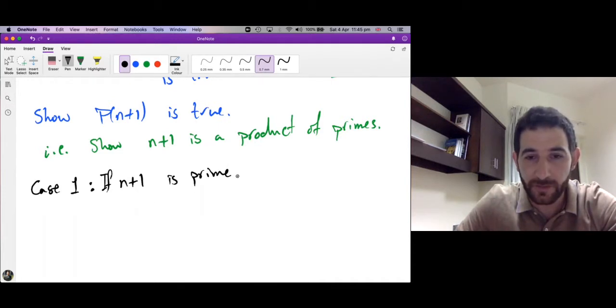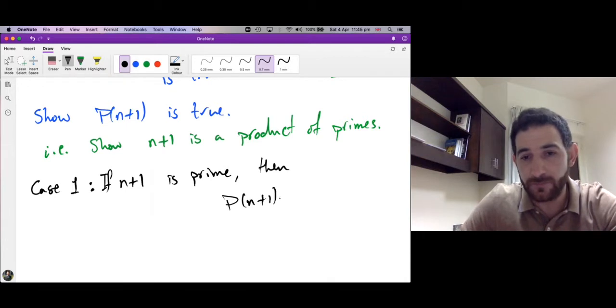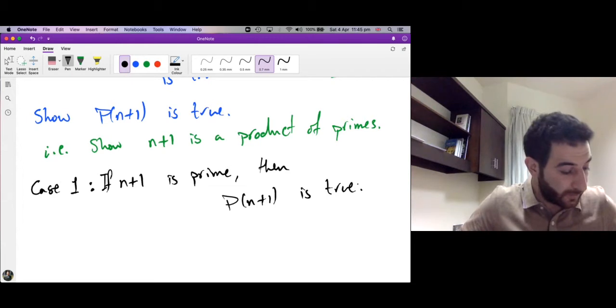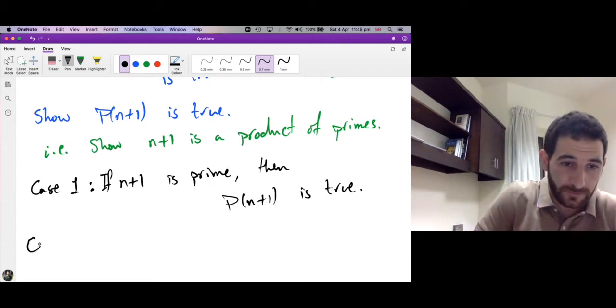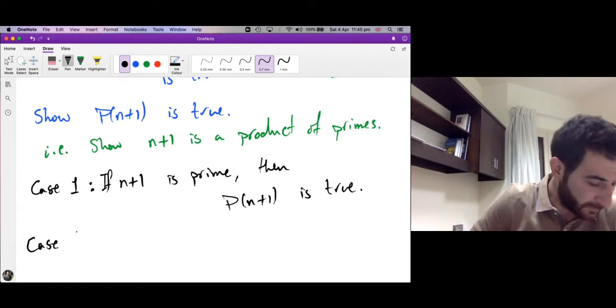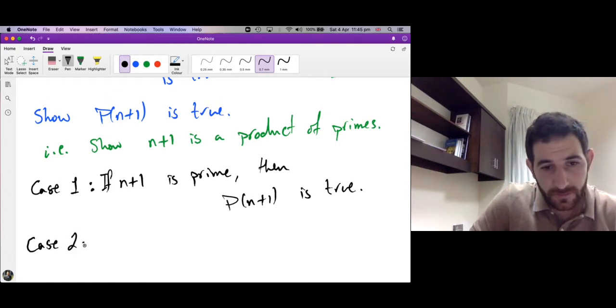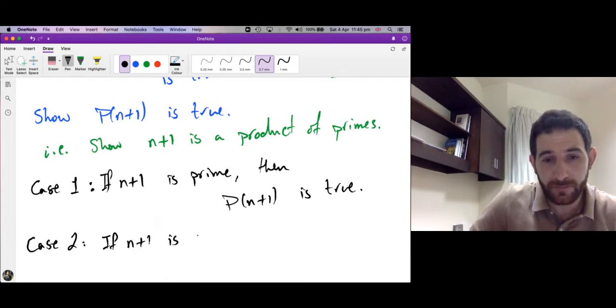If n plus 1 is a prime, then there's nothing to show. Then P of n plus 1 is true. Now case 2. If n plus 1 is not a prime number.